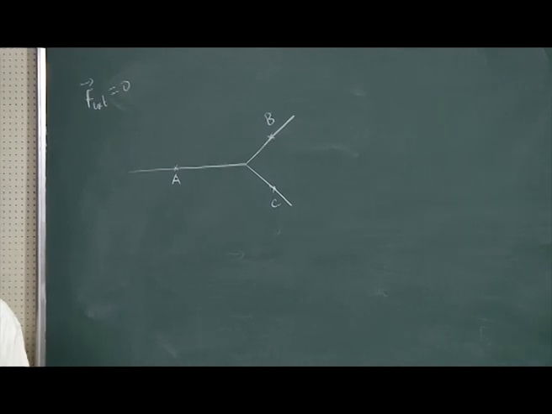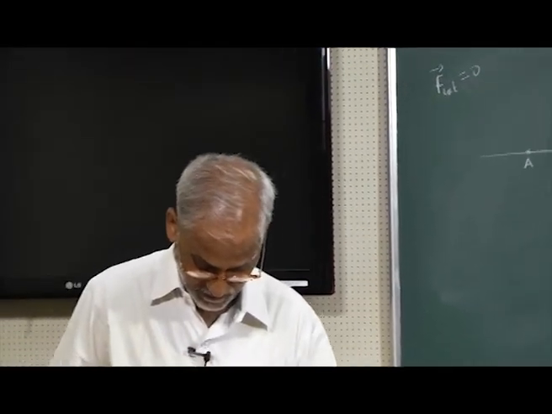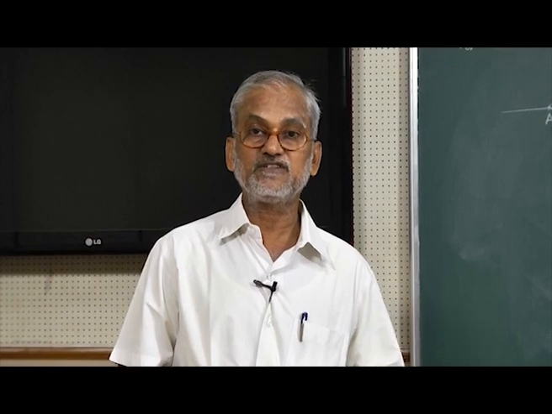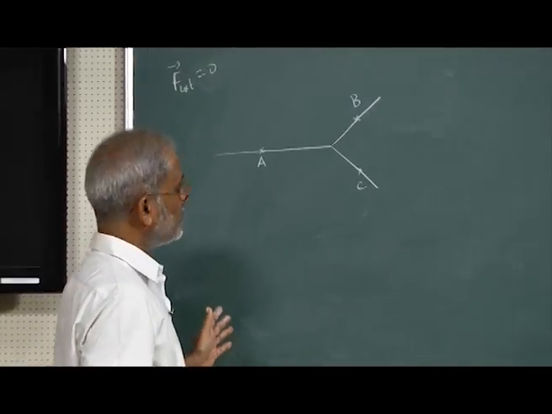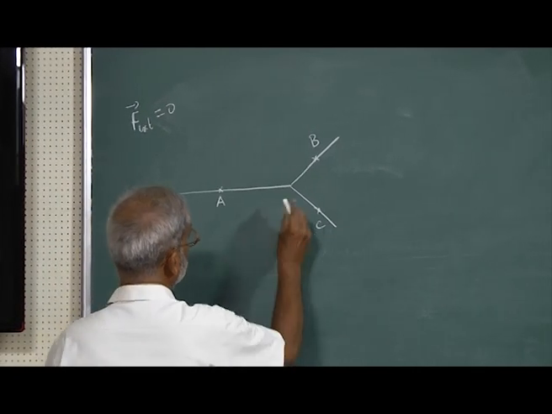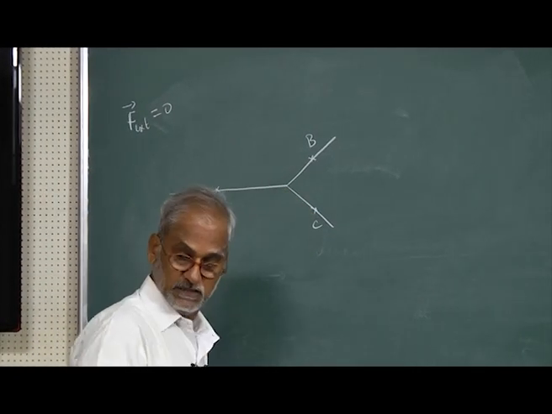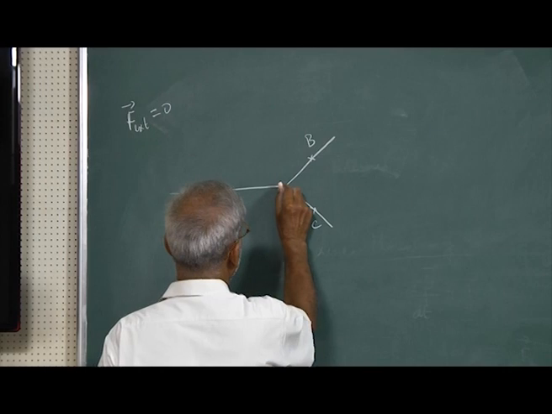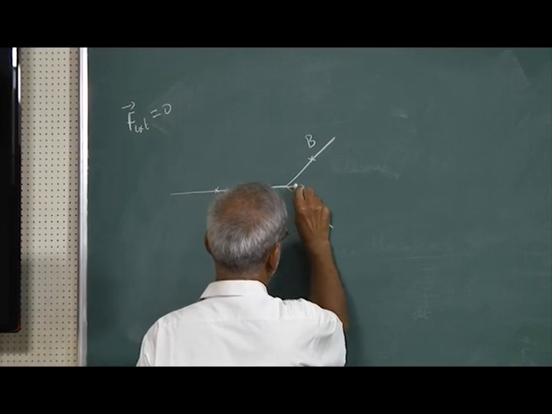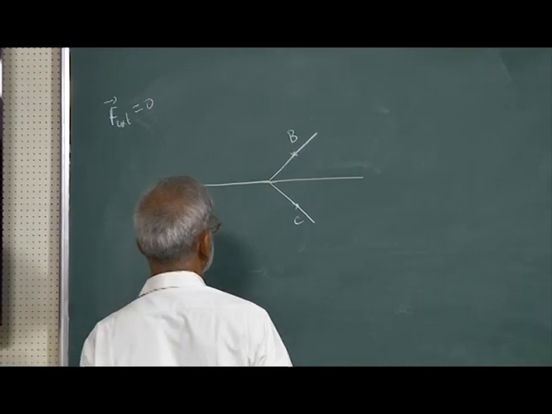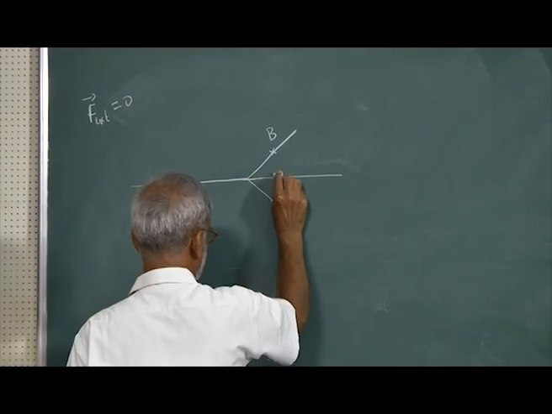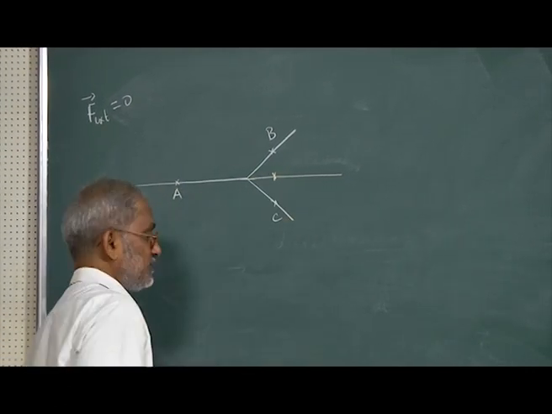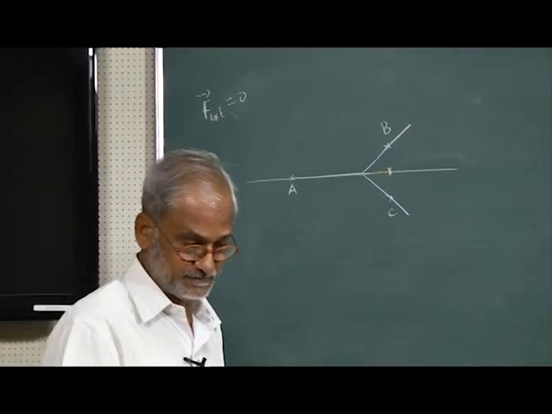Right. Now what can you say about the center of mass? Since external forces are 0, the velocity of center of mass remains constant, therefore it has to move along the same straight line further. Where is the center of mass going to be? This has to be somewhere here, such that you can join, it has to be in a straight line.